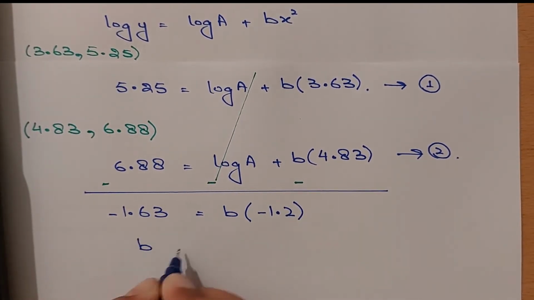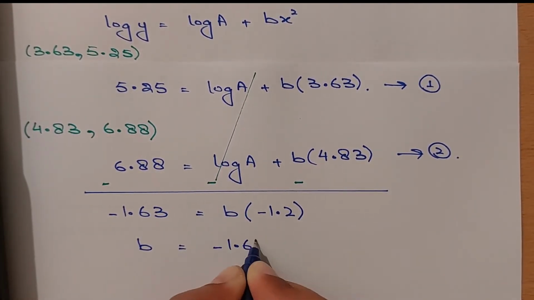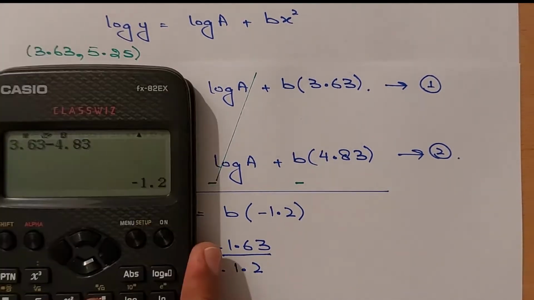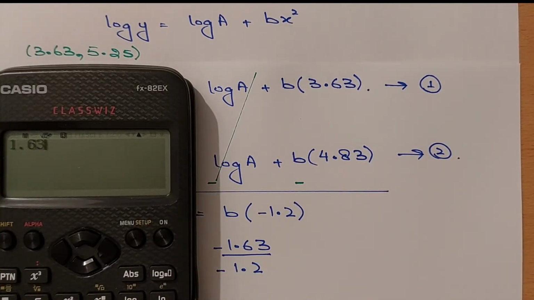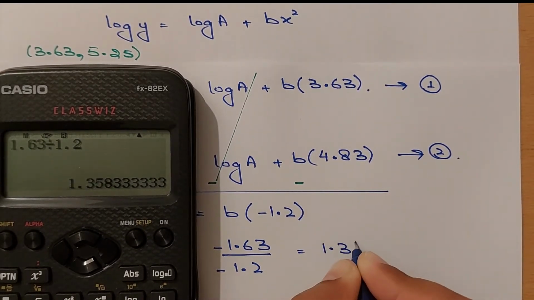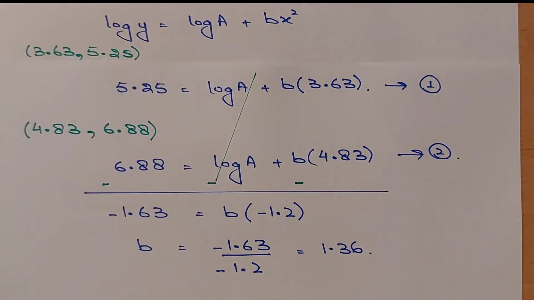So the b value is minus 1.63 divided by minus 1.2. The negative cancels with the negative. 1.63 divided by 1.2 is the b value, that is 1.358, or I can say 1.36 up to 2 decimal places.